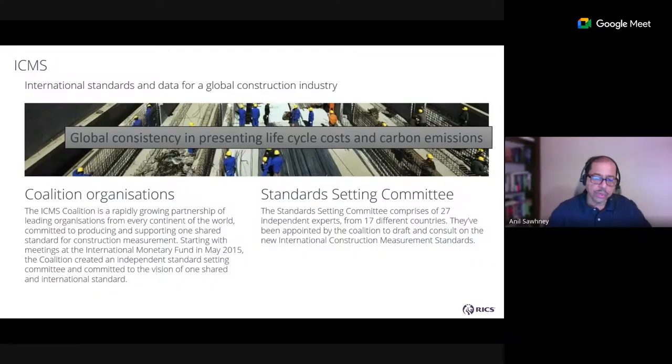So most prudent decision makers are going to search for a cost-effective way of decarbonization. ICMS is a global standard that was created by the ICMS Coalition. The ICMS Coalition was in fact launched 10 years ago in DC at the IMF.